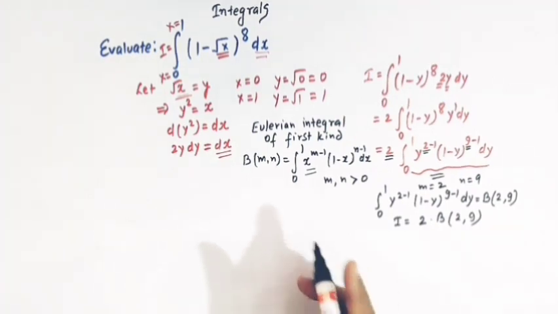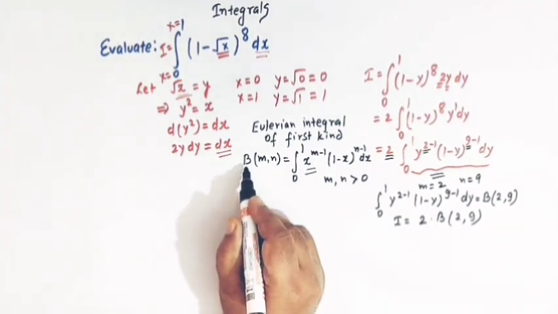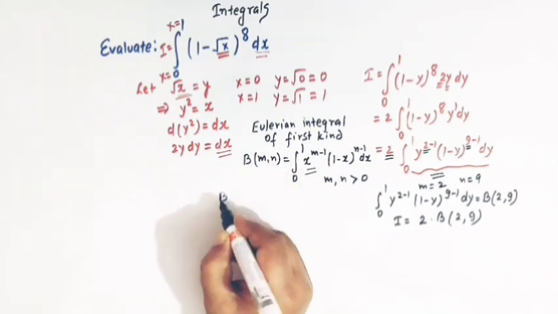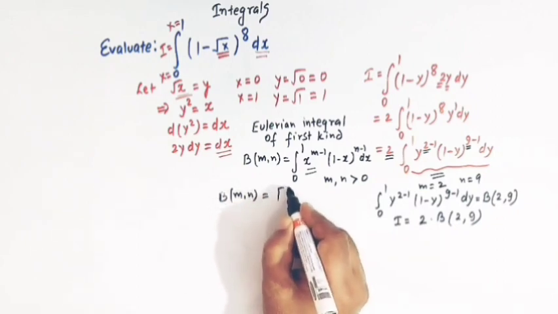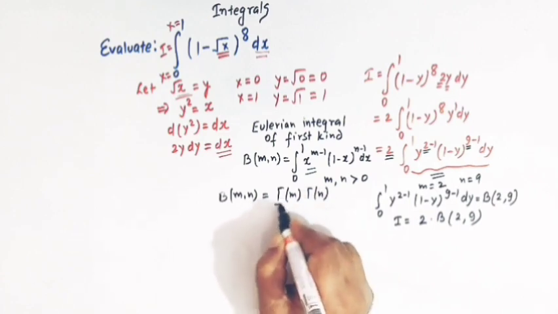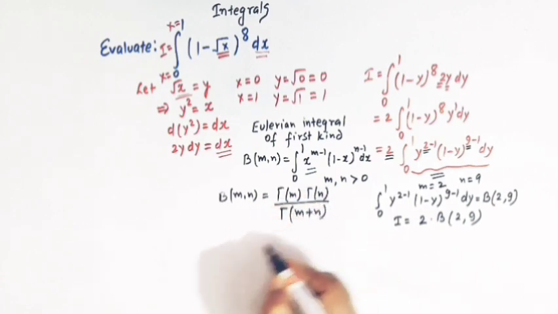So now we know an important relation between the beta function and the gamma function: beta m, n is given by gamma of m, gamma of n, divided by gamma of m plus n, right?